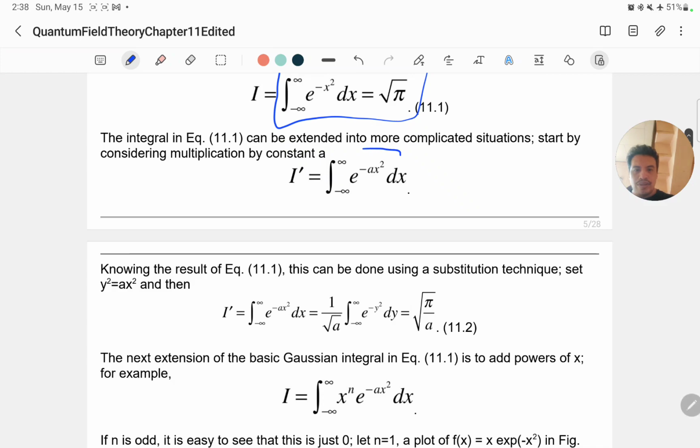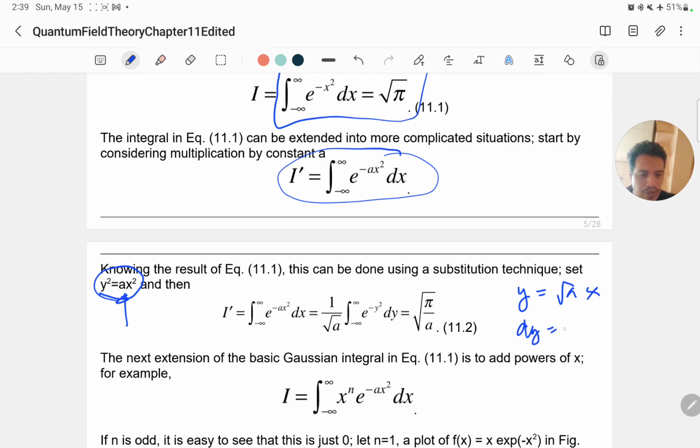How about for this one? So here you can let your y square to be a x square, but hey, don't get tricked. I just made this like that, but actually what I really mean is that your y should be equal to square root of a times x.